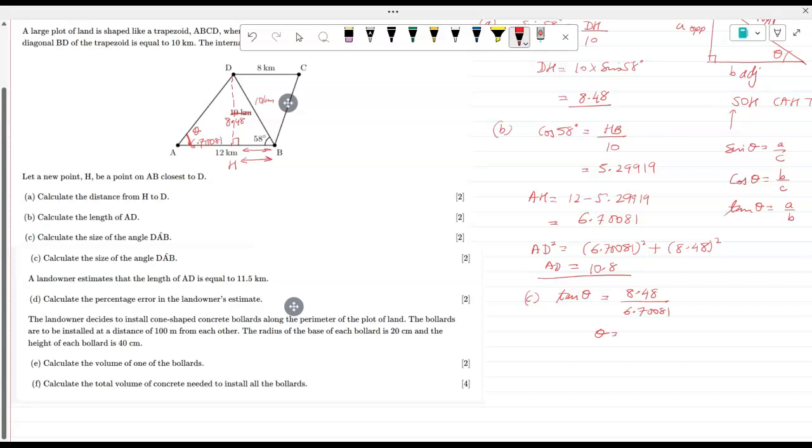Tan inverse, open brackets, 8.48 divided by 6.70081. You look at your calculator. So it is 51.7 degrees.